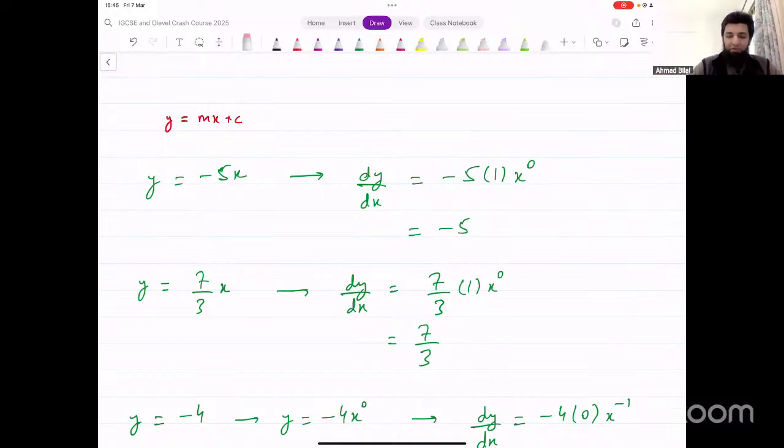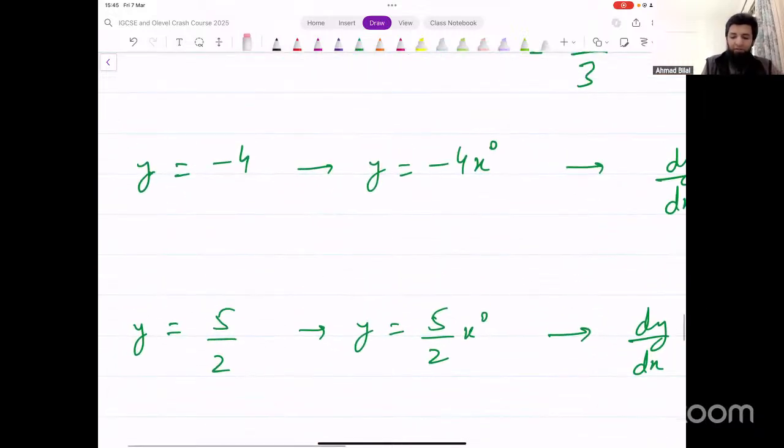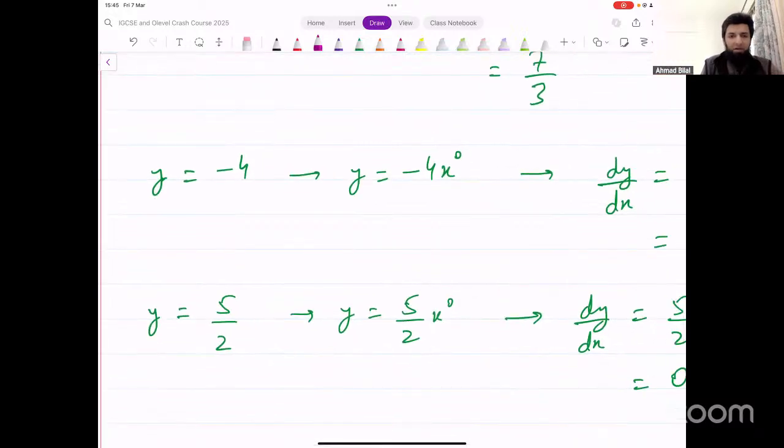Similarly, if you think about this, y equals minus 4, what kind of a function is this? It's a horizontal line, right? Y equals some constant, that's always a horizontal line. What's the gradient of horizontal lines? Horizontal lines have a gradient of 0.